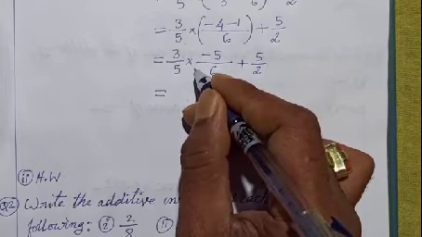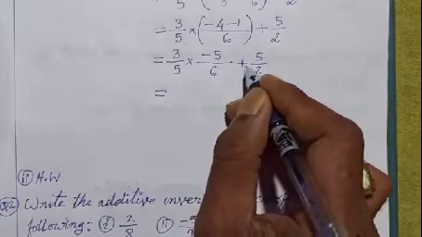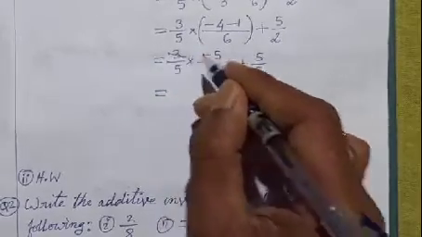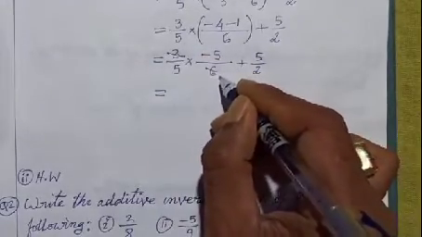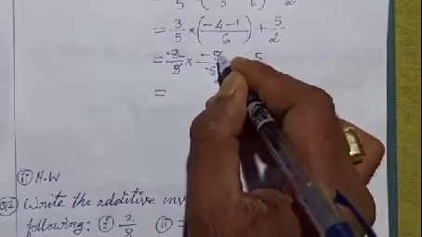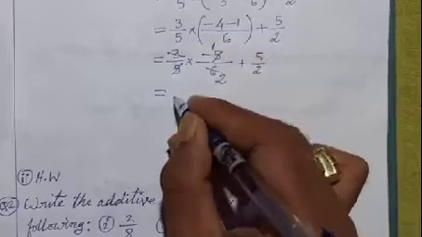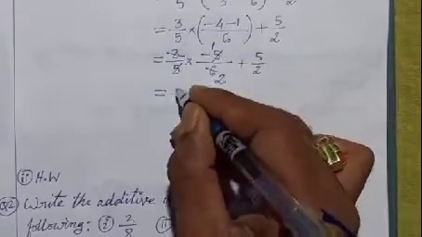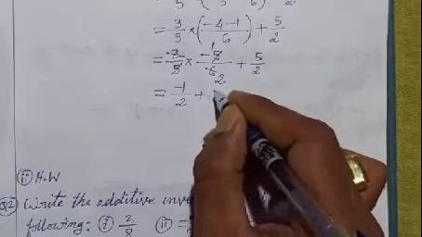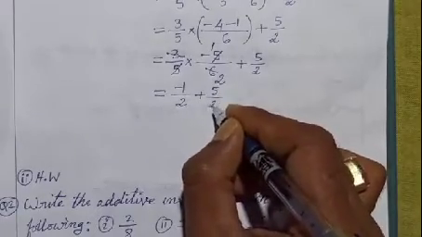According to the rule of BODMAS, multiply and plus, we have to do multiply first. So this 3 can divide this 6 and we are getting 2. And this 5 can divide this 5, that is 1 time. Now minus 1 by 2 plus 5 by 2.